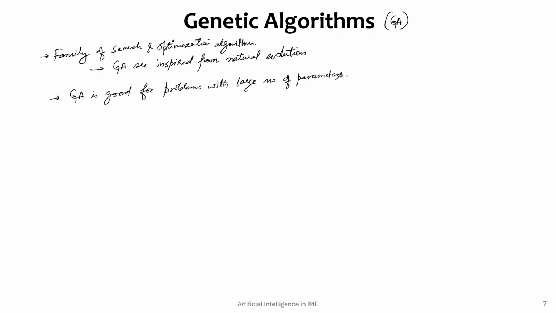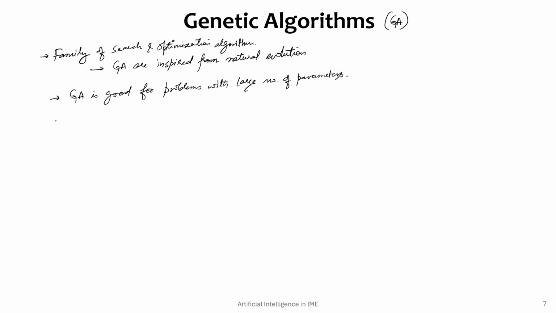So, let us say in your facility layout example, we considered only 2 departments and 2 locations, but what if there were 200 departments and 200 locations? So, in those kinds of examples, you need to implement different kinds of heuristics, and GA is a very good option for that. And GA can also solve complex or non-differentiable functions. Okay.